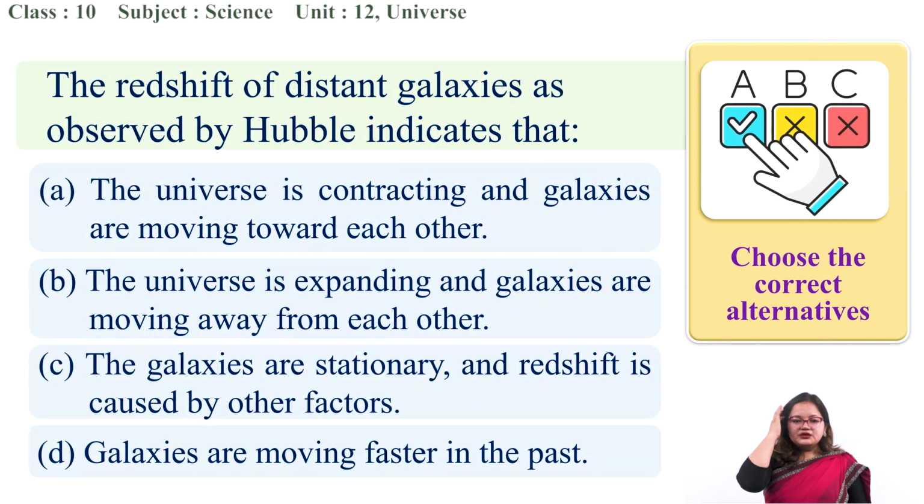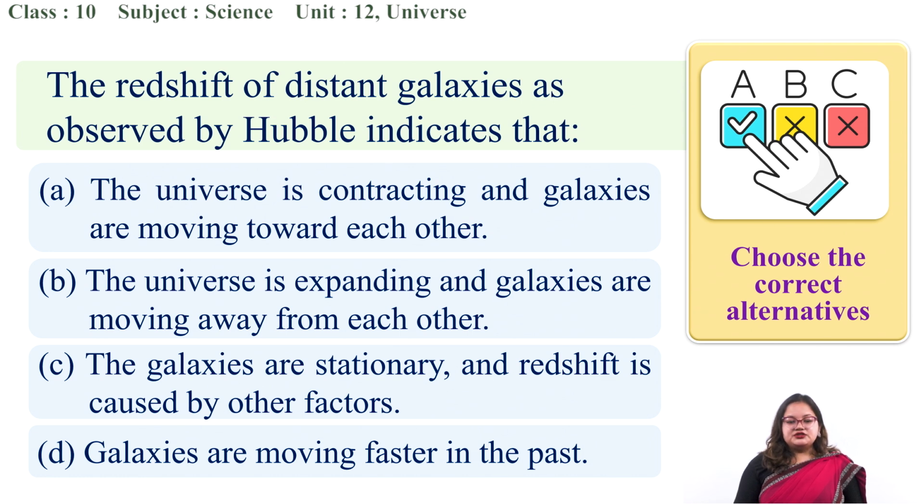So with this, let's try to solve some questions and choose the correct alternatives. First one: the redshift of galaxies as observed by Hubble indicates that the universe, option A, is contracting and galaxies are moving towards each other.